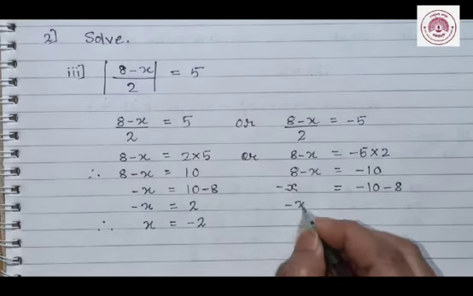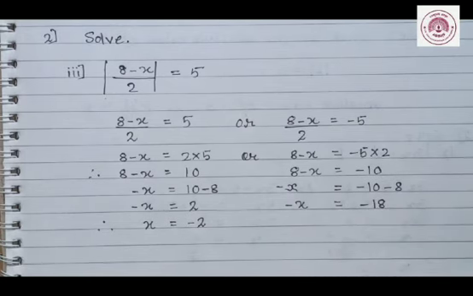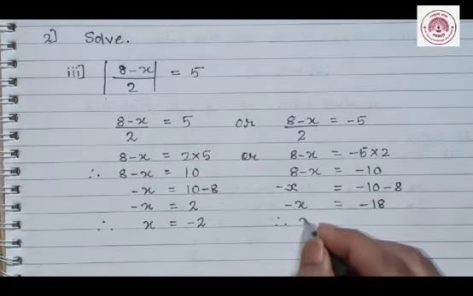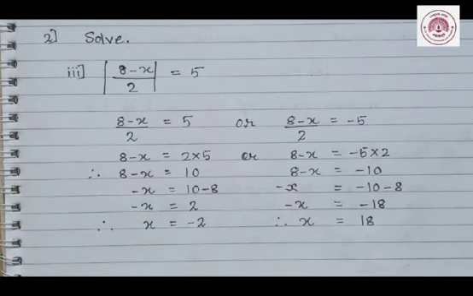So negative x equals negative 18. Now both sides we have negative signs, so they will cancel each other, and therefore x is equal to 18. So the two possible values of x are negative 2 and positive 18.